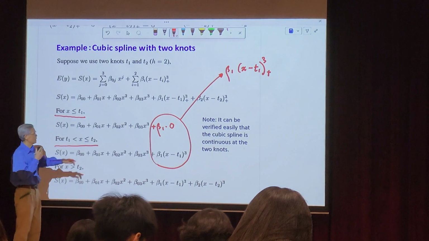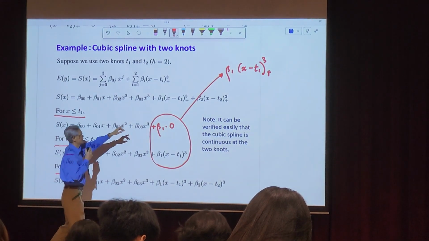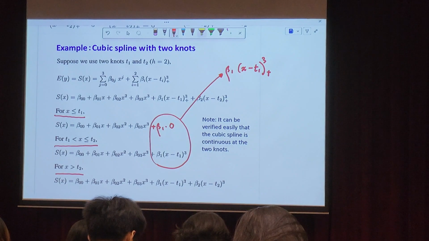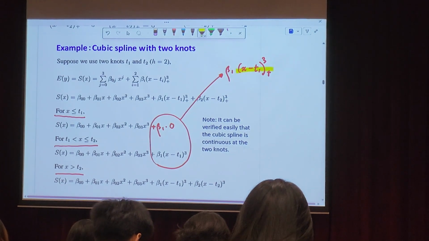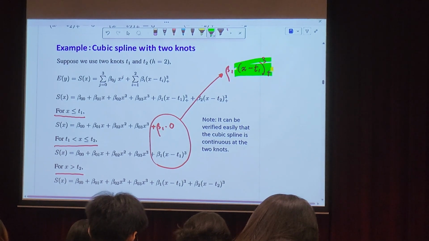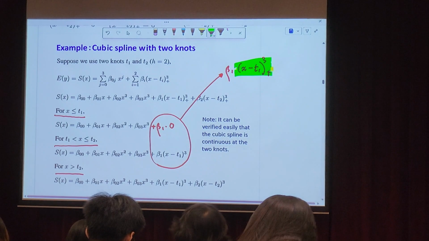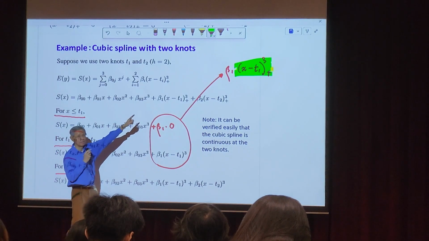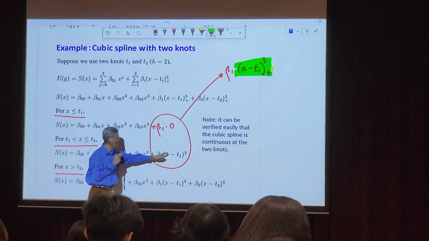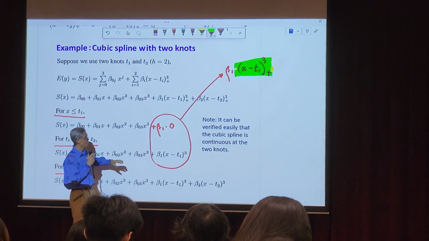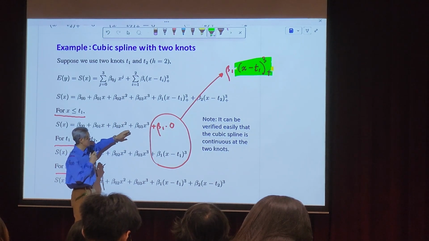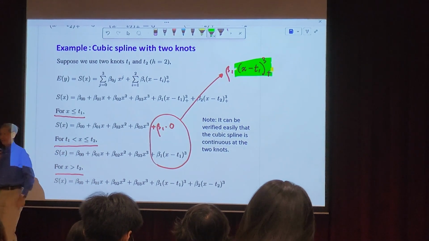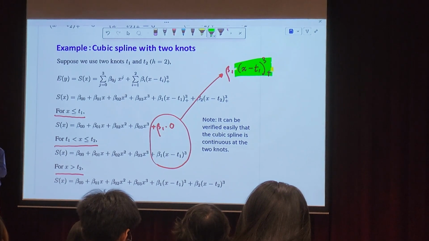If you have x less than T1, this quantity here will be 0. And if you have x greater than T1, the one that I shaded there is this one. So, if I use that notation, I would have defined the same model over these two segments. Can you see that? That's why we need this notation.